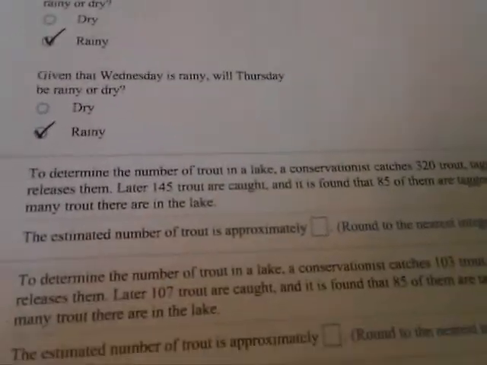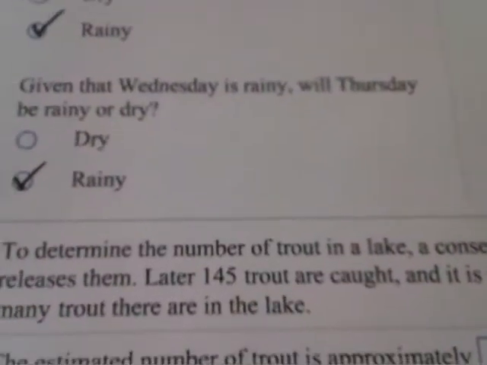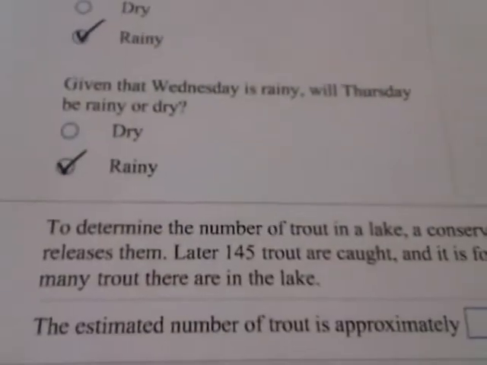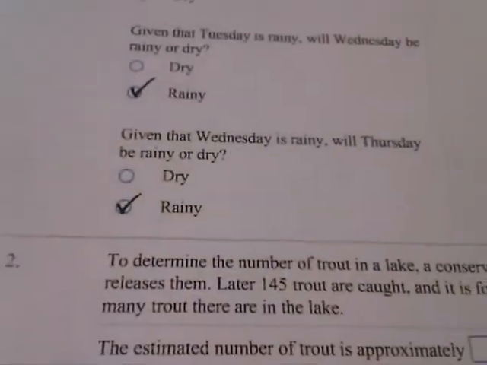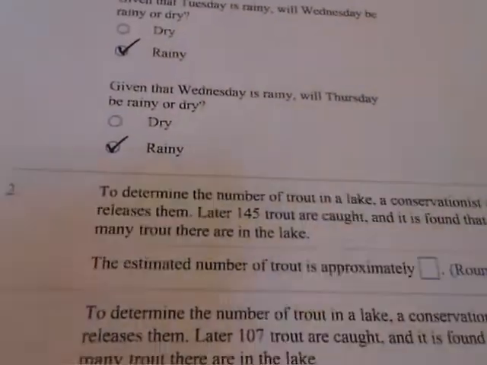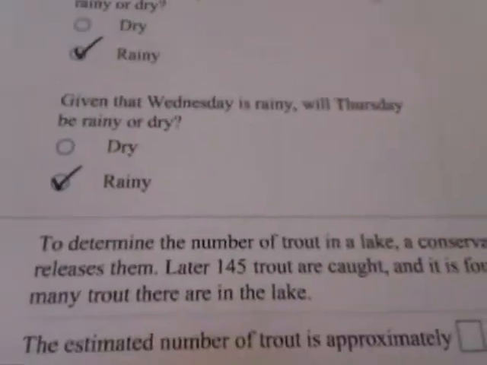Now here's a problem similar to one that's in your book. It's similar to an example in your textbook that I went over on the slide, and this deals with estimating the population, in this case, the number of fish.